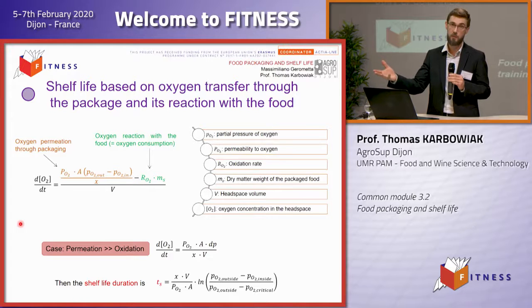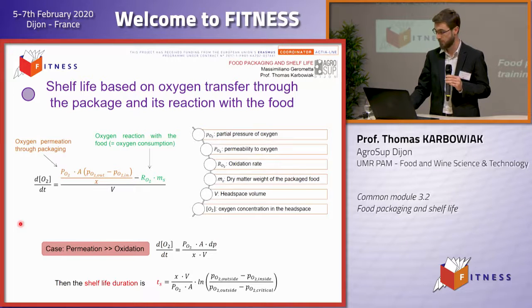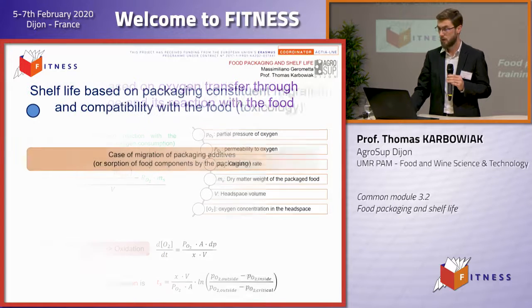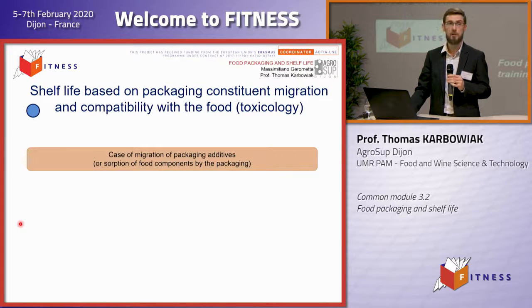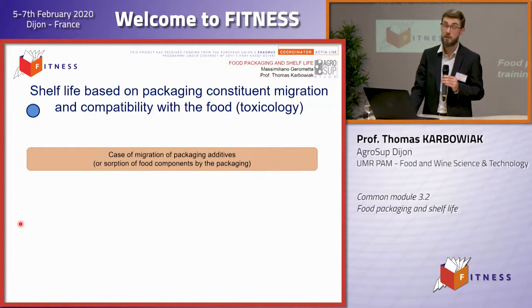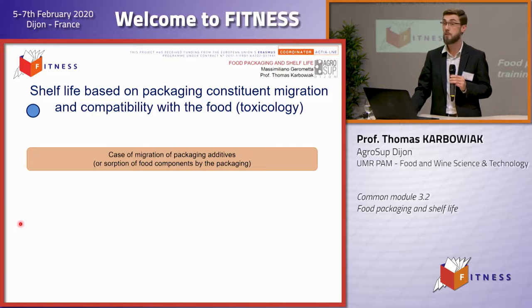And you can develop many models. You can see some of them in the literature. It's not as easy as the previous ones I showed to you. And the last case, as I said, could be based also on toxicological concerns. And you can estimate also, with the models that were presented this morning, some shelf life based on the migration of constituents from the packaging.